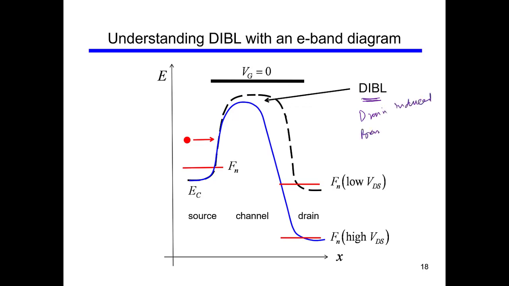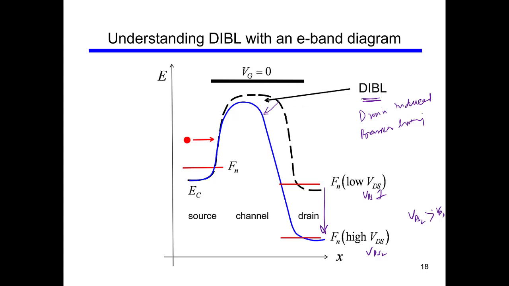It is called drain induced barrier lowering because, for example, if this is our VDS1 and it is low, and this is our VDS2 which is high, VDS2 is higher than VDS1, what will happen? The Fermi level will go down and the shape will change from this to this.